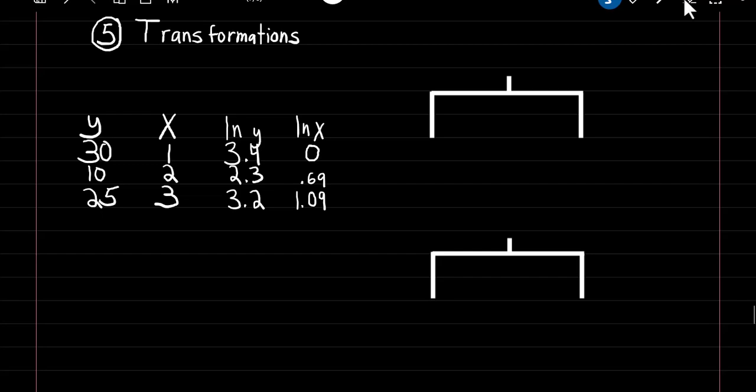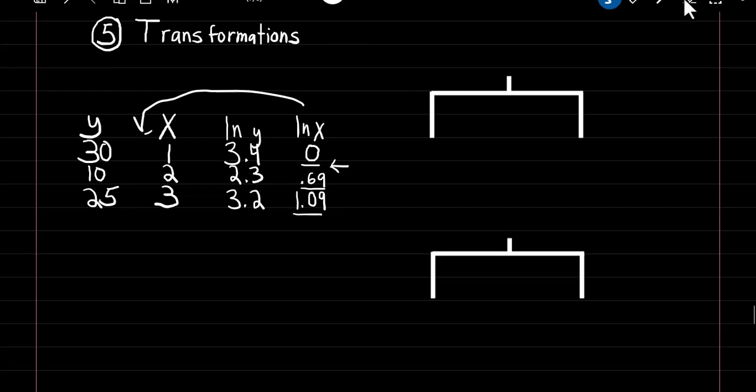Transformations. Any transformations you apply to your independent variable will not affect your model. For instance, even if we take the log of our independent variable, which has observations 1, 2, 3, we would then get values 0, 0.69, and 1.09. If we were still using our original y with our ln of x, we would still make the exact same splits.